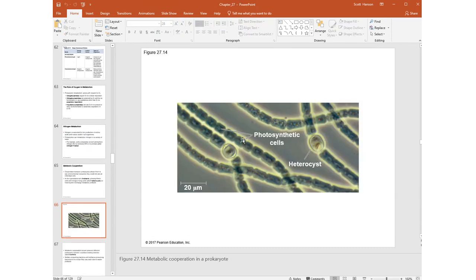And here you can see most of the cells in Anabaena are photosynthetic cells, but there are a few heterocysts here and there that are actually nitrogen fixing.